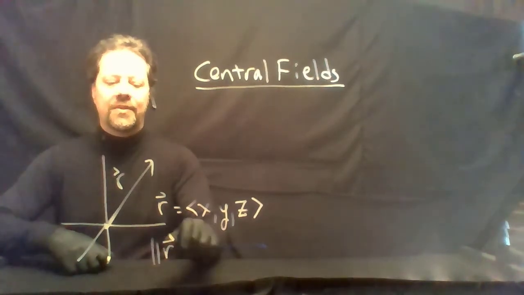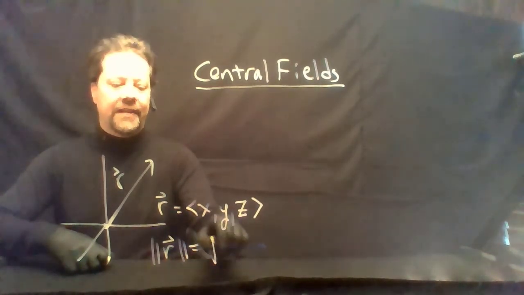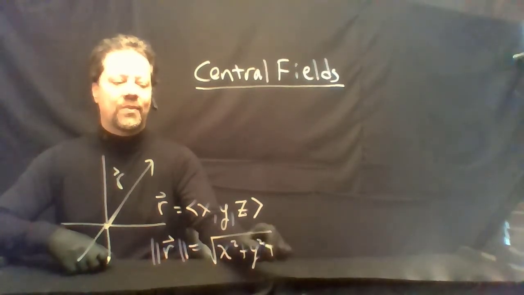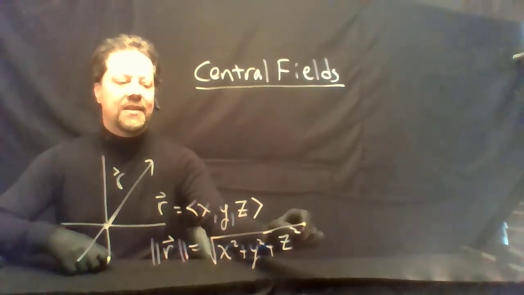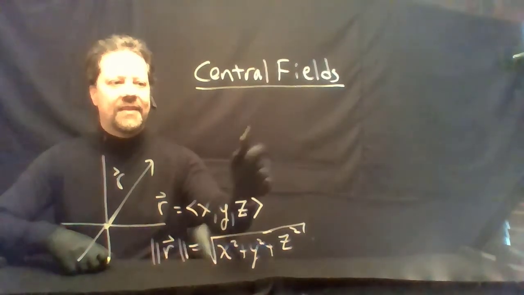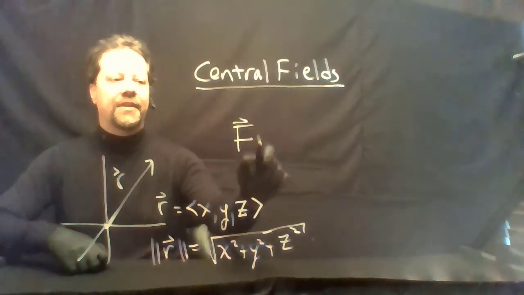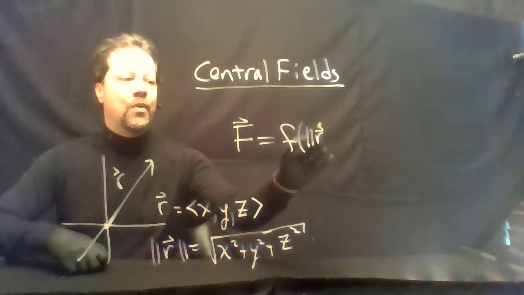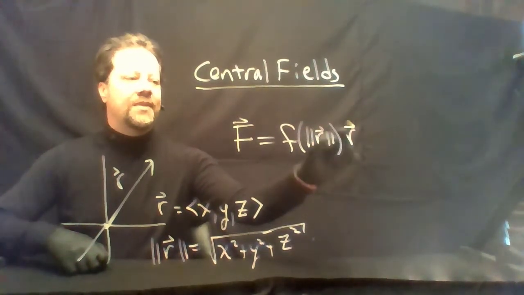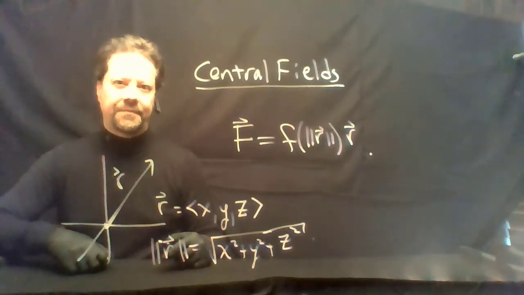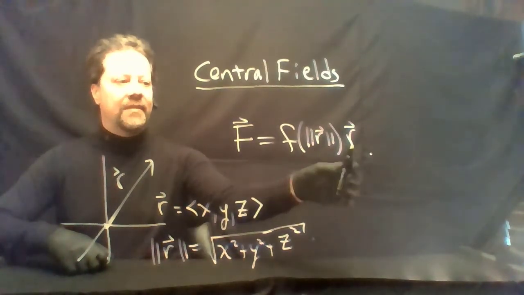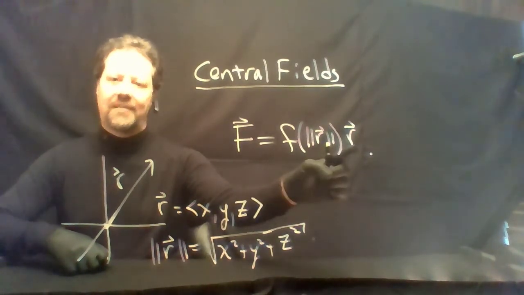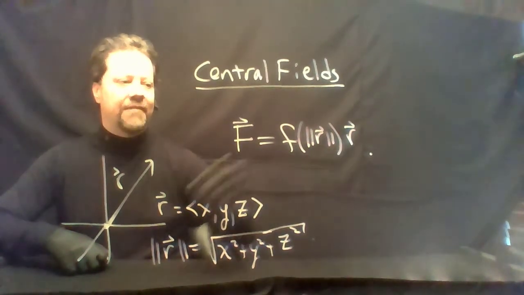Of course, the norm of the position vector is the square root of x squared plus y squared plus z squared. A central field is a vector field of the form some function that only depends upon the norm times the position vector. In this way, the central field will always be some rescaling of that position vector.